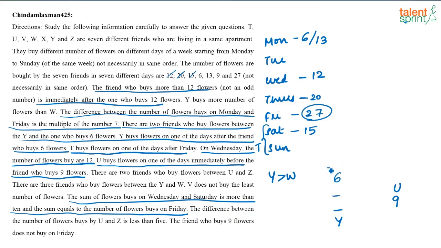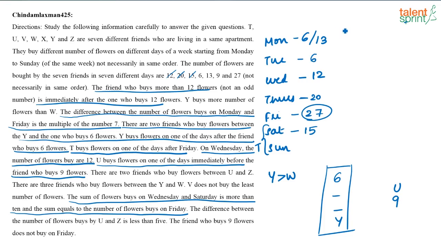See, now this is the next clue that we have. What have they said here? 6 dash dash Y, correct? So where can the 6 be? 6 cannot be here, correct? If 6 is here, after 6 there have to be 2 people and then Y should come. So either 6 is here or 6 is here.